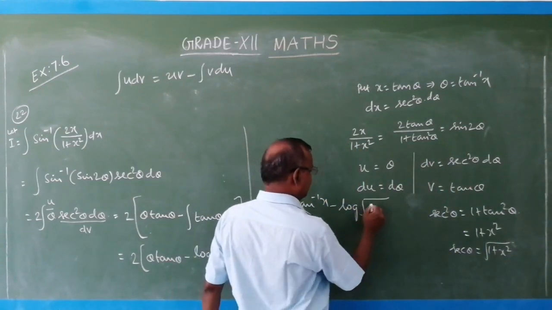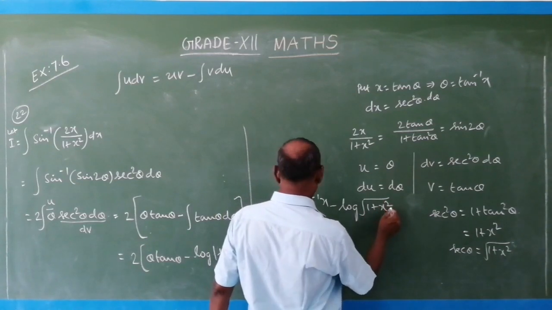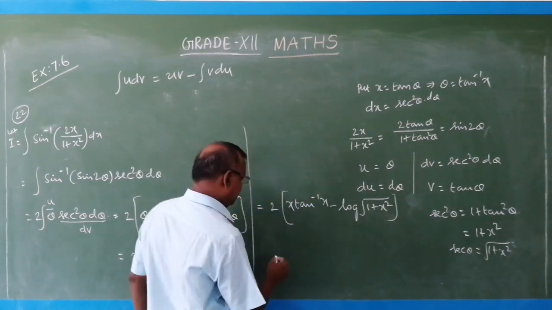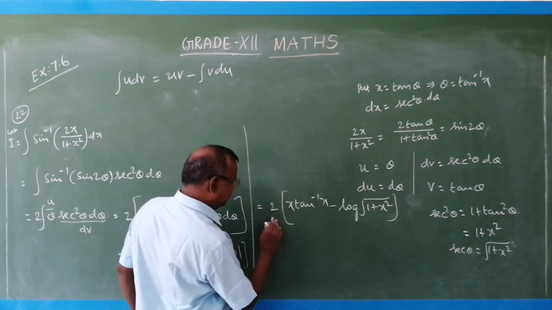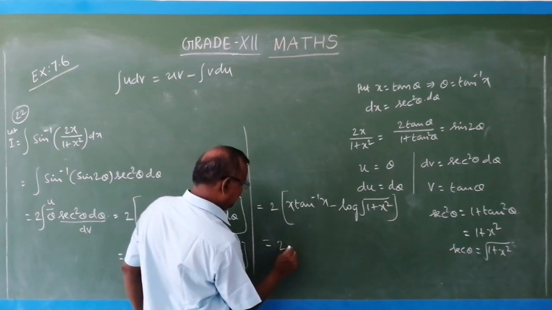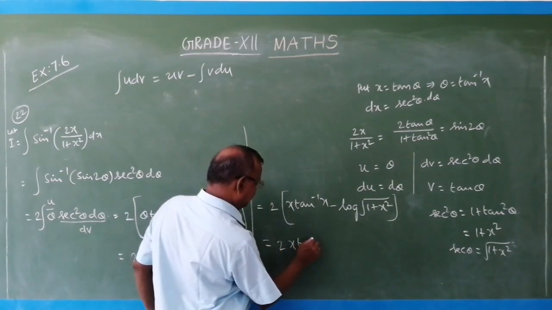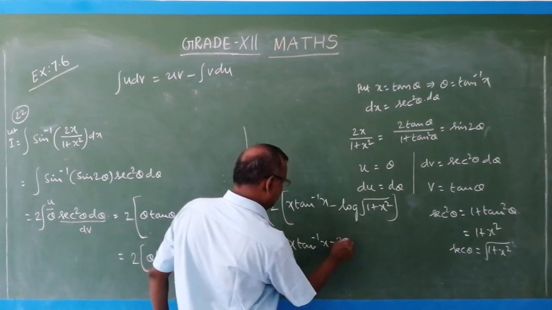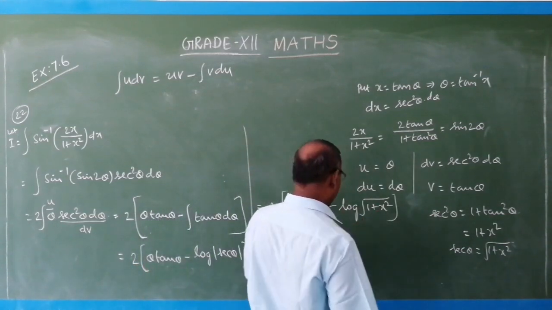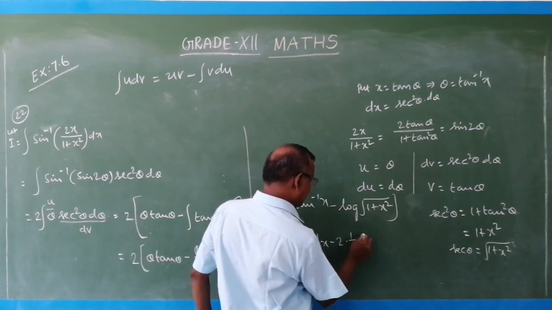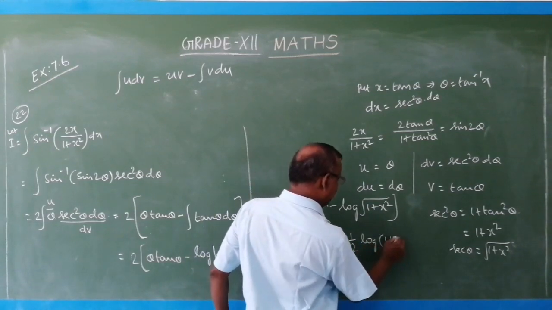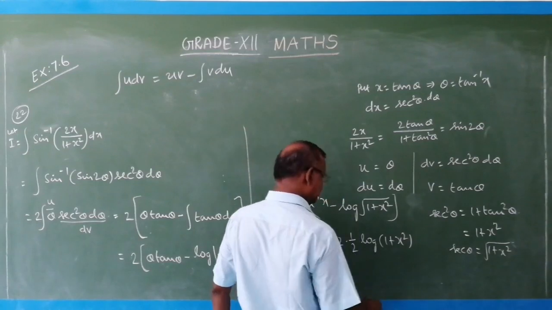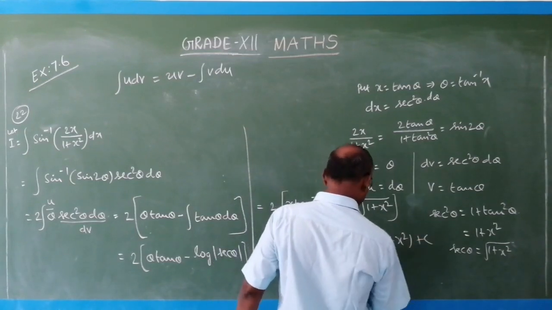So, this is root of 1 plus x square, and we can bring the 2, that is 2 into x into tan inverse of x minus 2 into, bring the power to the front, that is 1 by 2 into log of 1 plus x square, plus c.